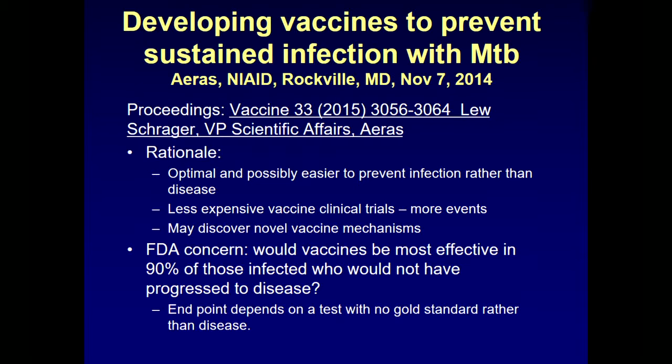On the other hand, there was some concern ultimately down the road in preliminary discussions with FDA, questioning whether, in fact, this vaccine would be more likely effective in the 90% of individuals who actually don't go on to disease anyway, and also we don't really have a good gold standard for infection, and that's a problem as well.